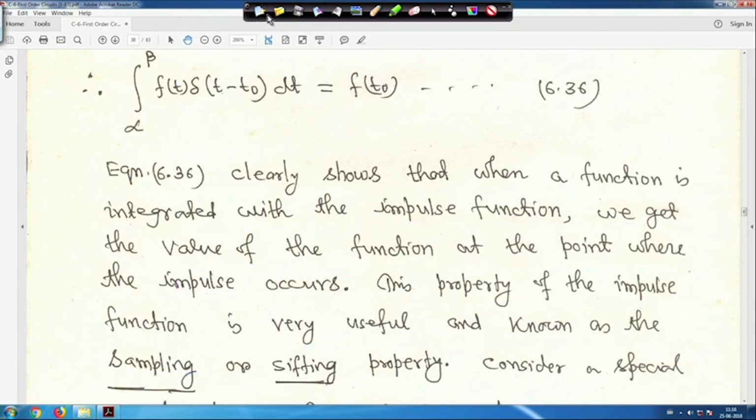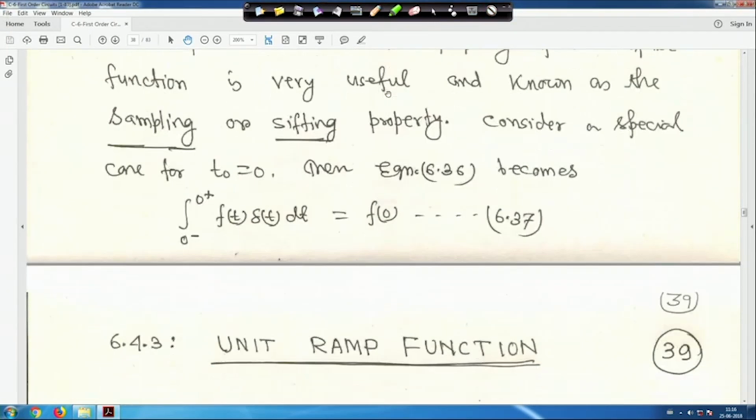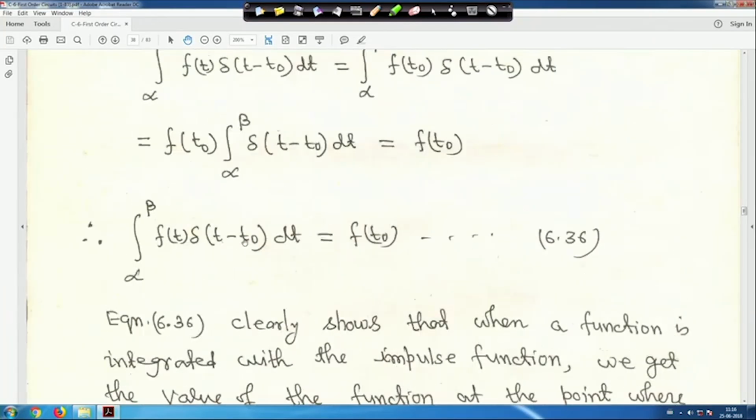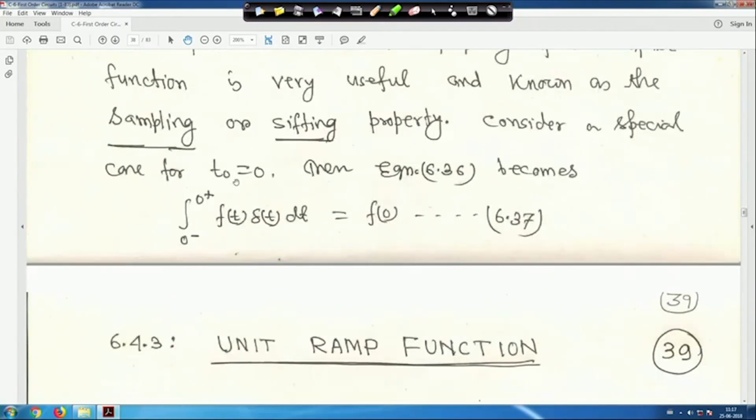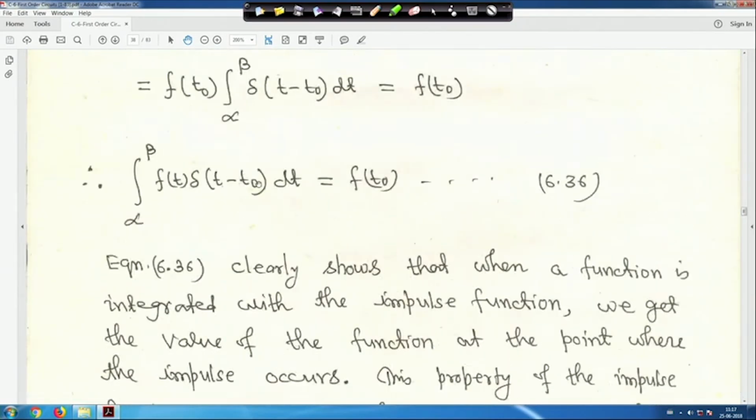Now consider a special case for t0 equal to 0 in equation 36. If t0 is equal to 0, then it will be the integral from 0 minus to 0 plus of f(t) delta(t) dt, which is equal to f(0).